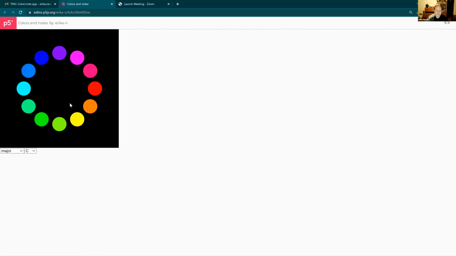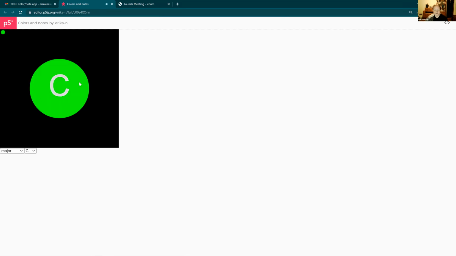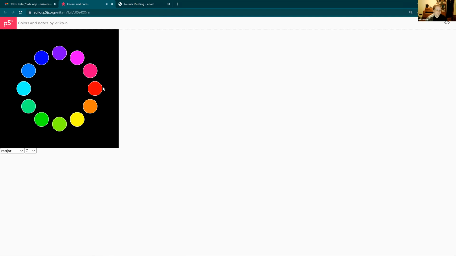So last week, Punya mentioned it would be cool to have an app that let you associate colors and sounds. And so what this does is you click anywhere and it plays a sound, and you click a color to say, oh, I associate this color with this sound.